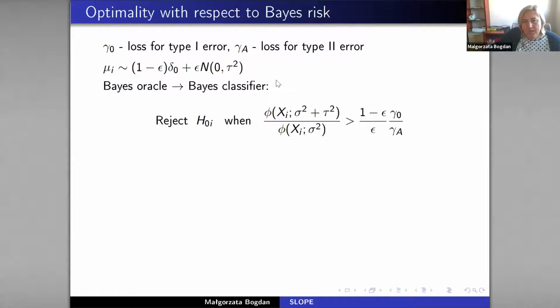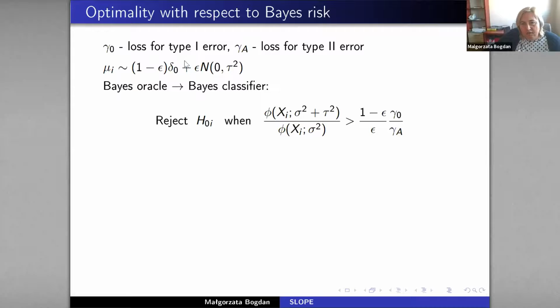But under these assumptions, you can calculate the Bayes classifier. You can calculate the procedure which minimizes the expected value of a cost, the expected value of a risk. And this is simply the ratio. Again, this is like a Neyman-Pearson test.